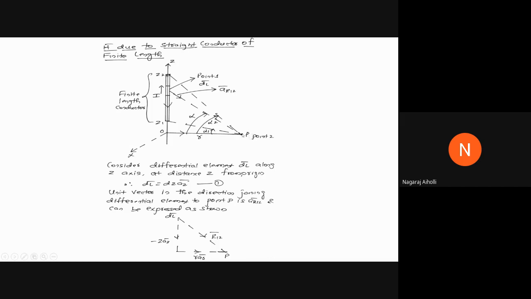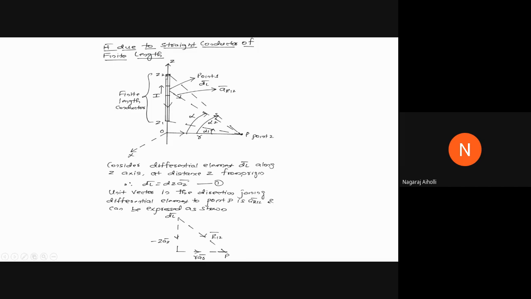Here we are noting down three angles. We are considering 3 points on the conductor: the lower end, then the actual elemental length, then the upper end of the conductor.